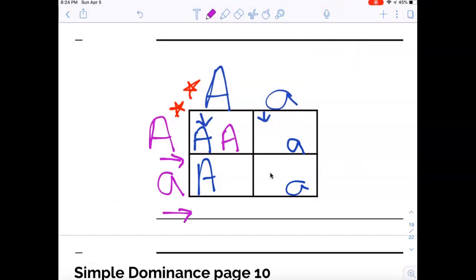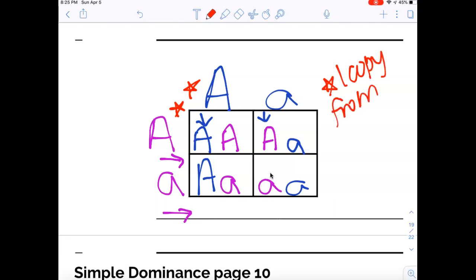Big A, little a, little a. Now, notice how each box has one copy from each parent. That's sexual reproduction, right? So that's a good check to make sure you're doing this right. Another key feature here is the capital letter always goes first.